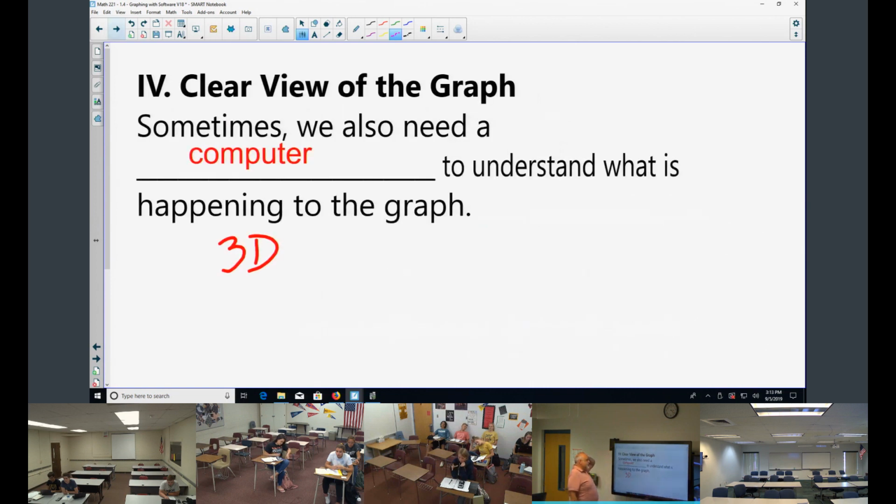Okay, next. Sometimes we need a computer to understand what is happening to the graph, especially if we're doing three-dimensional calculus. But I'm going to keep it simple here. I'll just tell you, when I took Calc 3, I really struggled with it because I don't visualize the functions as well as a lot of my students do.